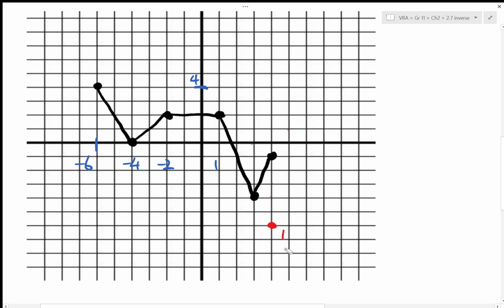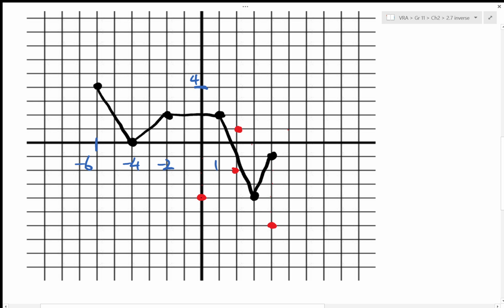Now the second point is at negative 4, 0, but that becomes 0, negative 4. So that becomes 1, 2, 3, 4 right there as the second point. Now the third point is negative 2 comma 2. You switch the order around, and it becomes 2 comma negative 2, which is right there. Then our fourth point is at 1 comma 2, so that becomes 2 comma 1, which is right there.